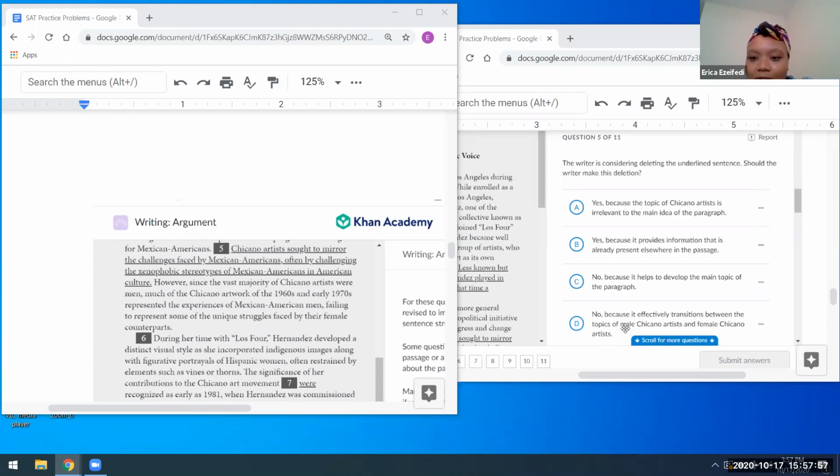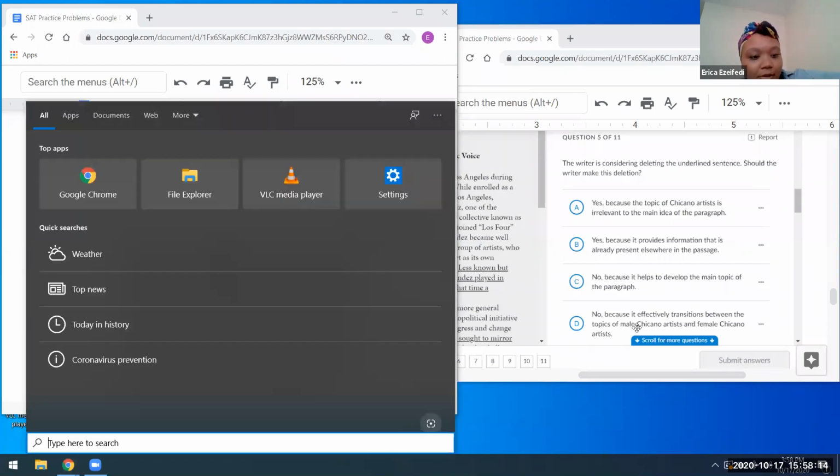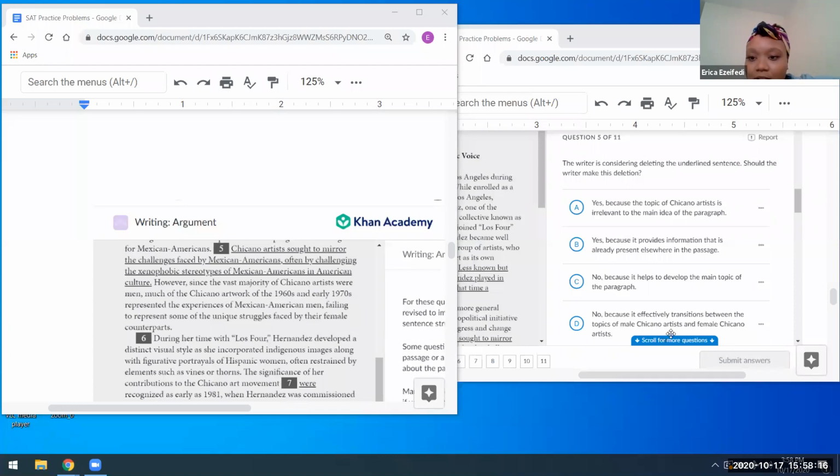So that means we blended into one of these topics from the other. So that would mean that before this sentence, we had to be speaking of male Chicano artists or female Chicano artists, and then after this sentence, we started speaking about the other one. That would hint at that transition.